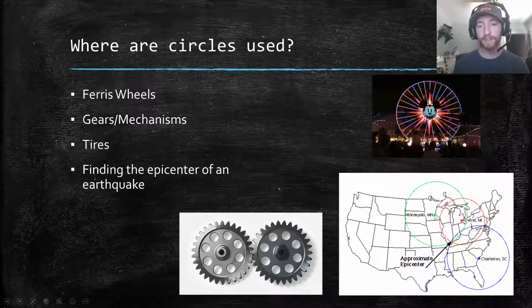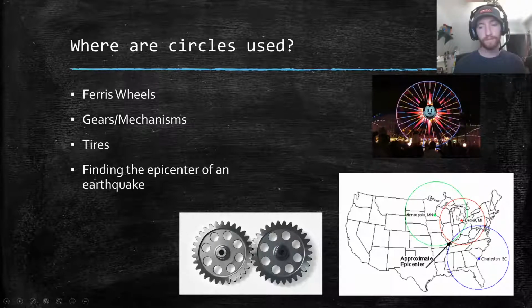So if we detect an earthquake here at Minneapolis, and it gives us a distance, we only know it's somewhere on this circle. Same thing with Detroit. We only know it's somewhere on this red circle. And lastly, same thing with Charleston. We only know it's somewhere on this circle. Because once again, those machines can only detect how far it is, not location.